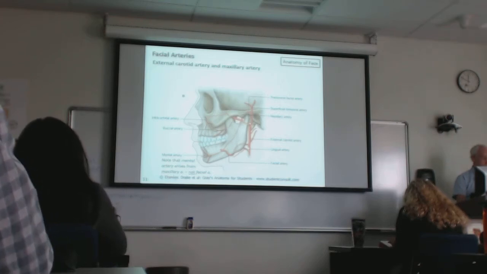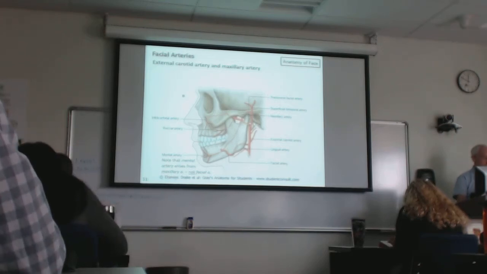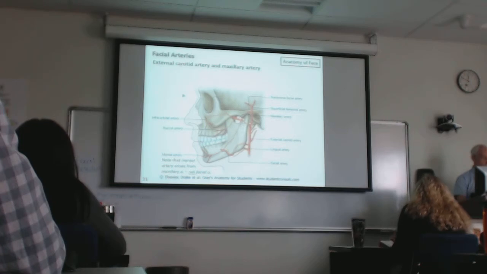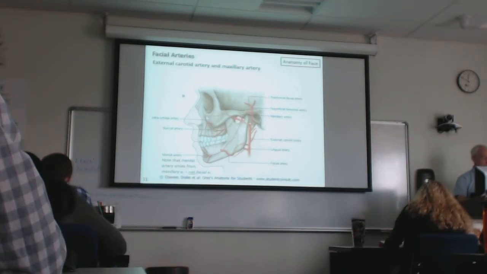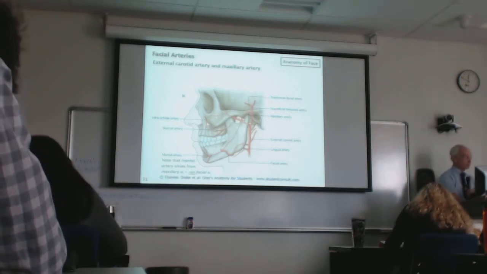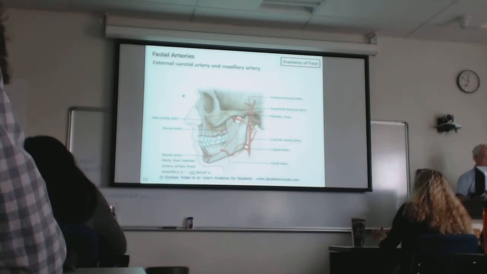That's what I'm pointing out here. So here's the facial artery again. You can see the maxillary here, and here's that branch that gives rise to the mental ghosted there. And then the maxillary also extends branches into the infraorbital region, even a portion of the maxillary alveolus.